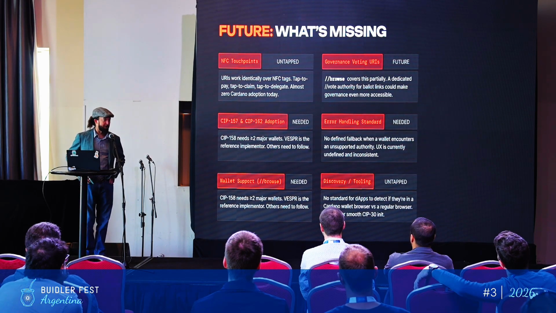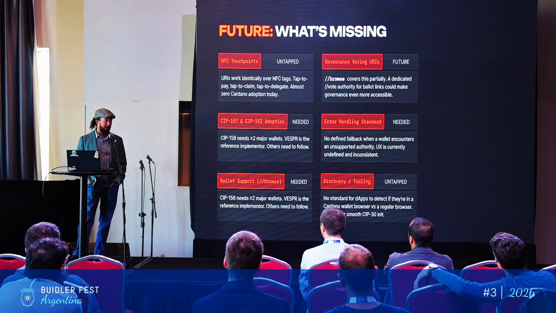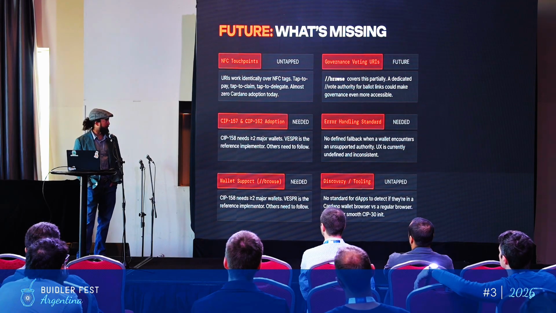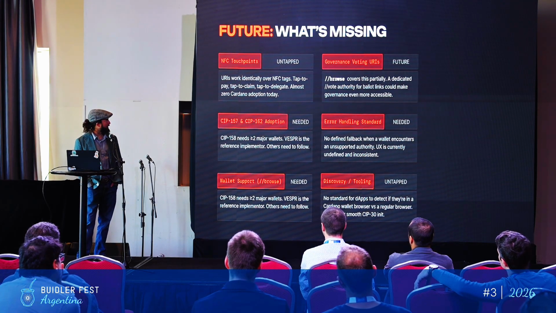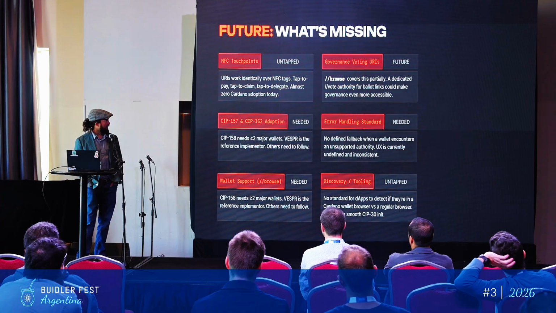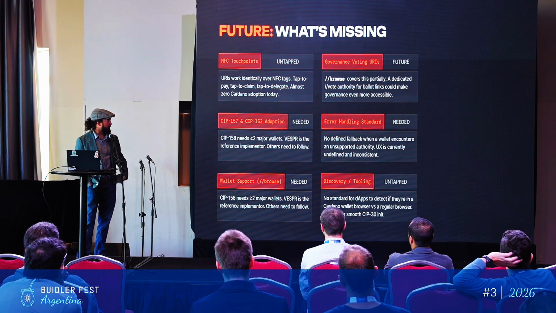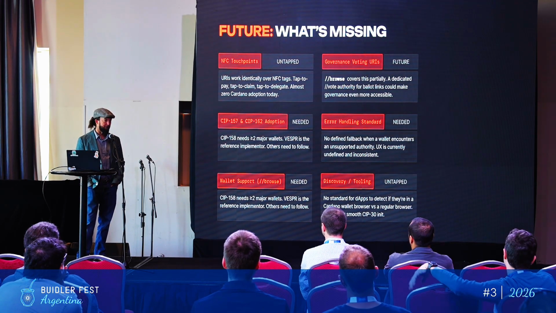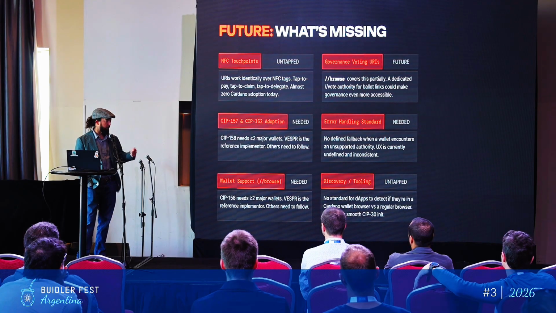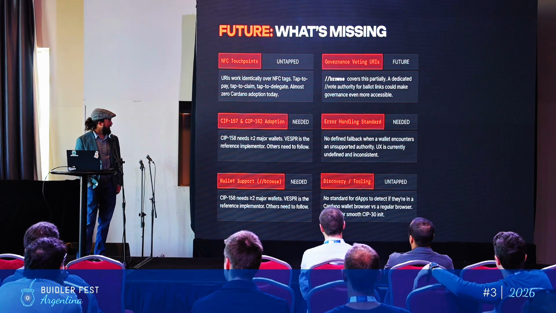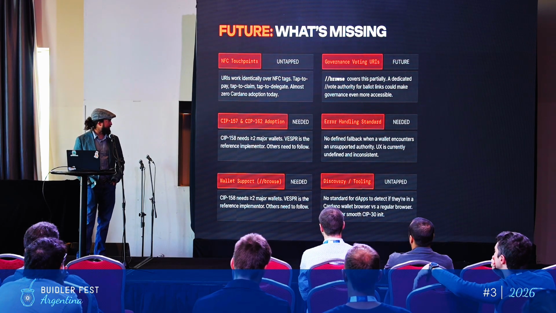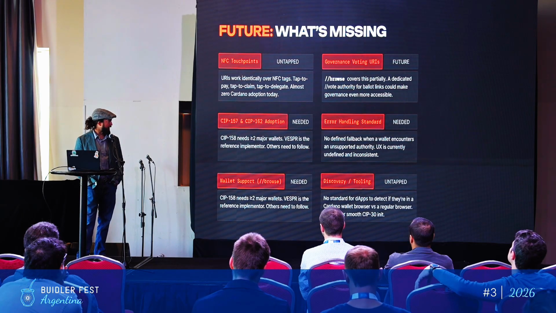NFC touchpoints has still been kind of tricky because you need a native app to actually get NFC because the browsers in your mobile phone don't really reliably let you use the NFC. Governance voting URIs, can we make that easier for mobile-first users so that they don't have to do a whole bunch of weird copy and pasting around? We're trying to get CIP 157 and 162 better adoption.